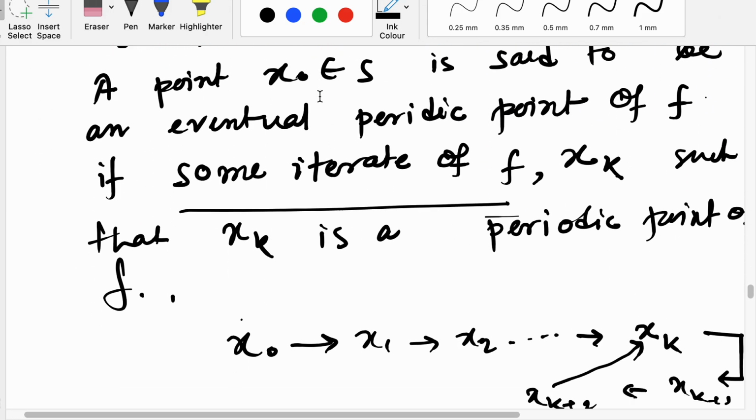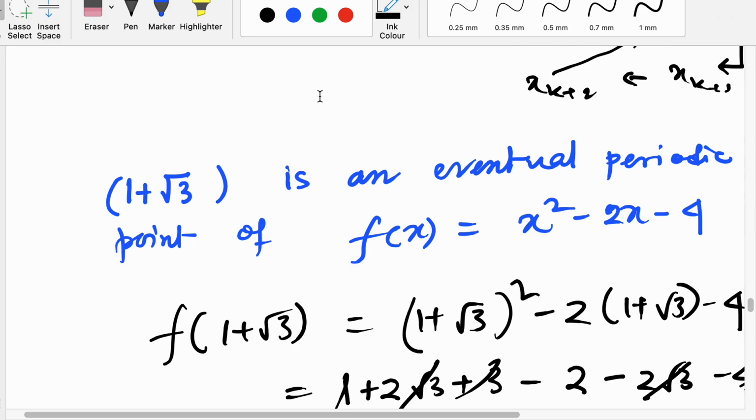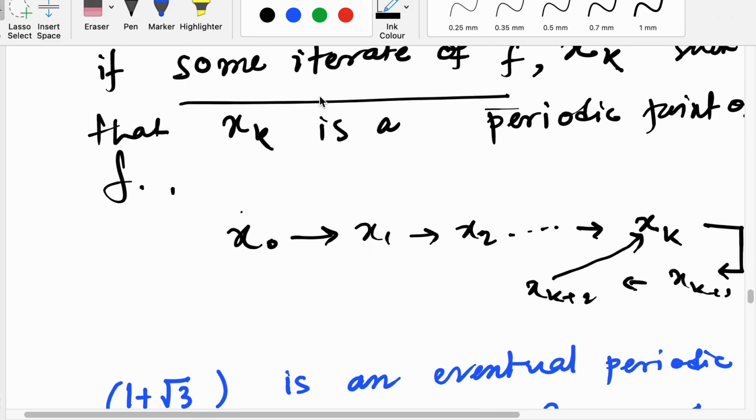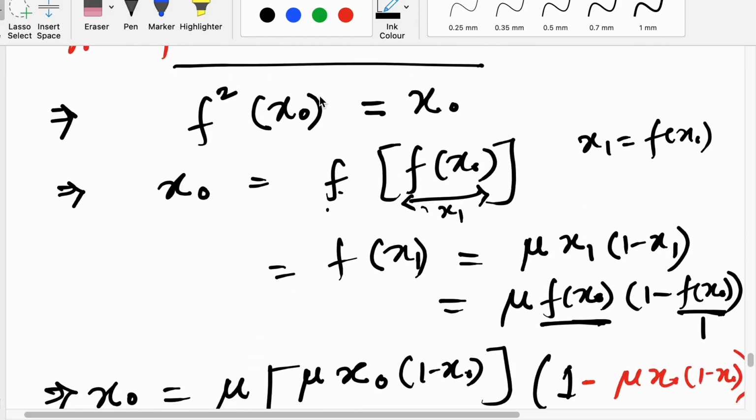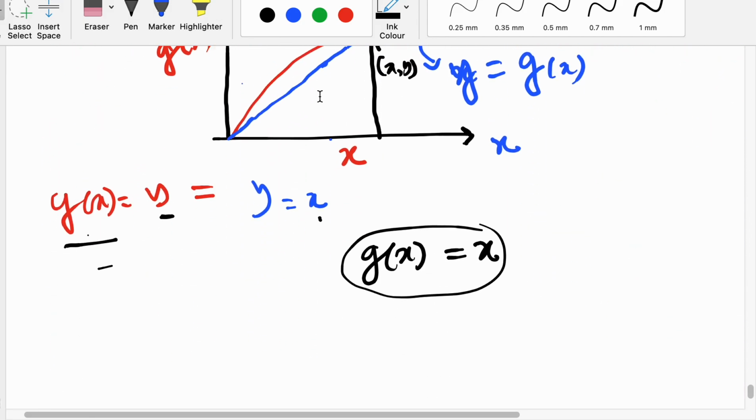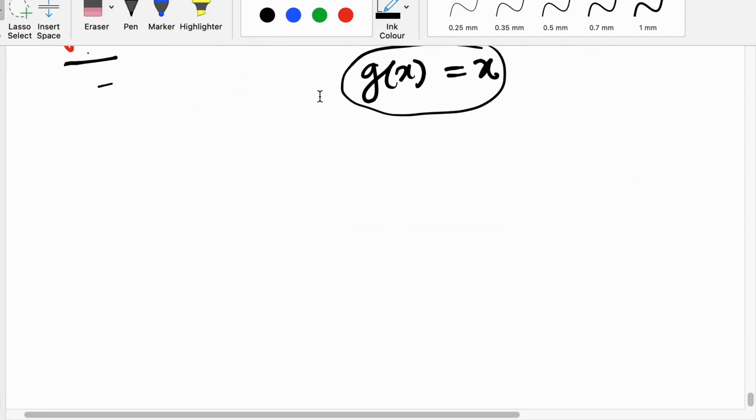So then we have learned how to know whether a point in the domain of f is a periodic point or not, and if it is a periodic point, what is its period.